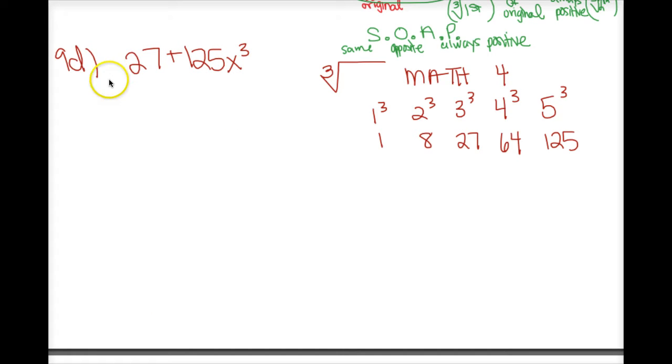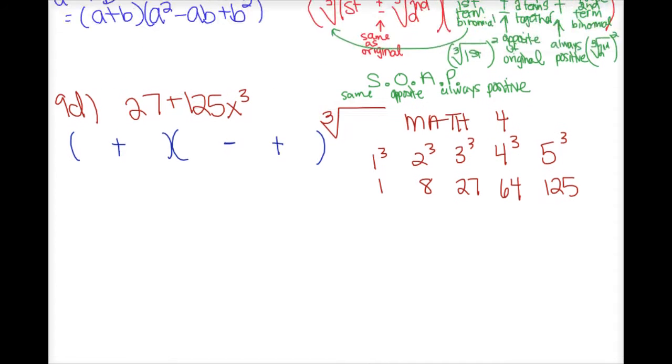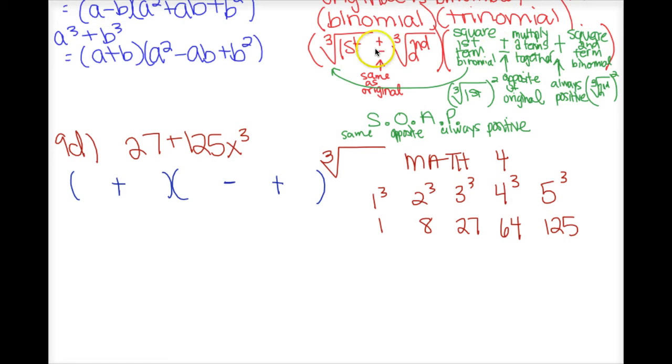Which means it is a sum of cubes. So I'm going to follow my pattern. Again, I prefer to go ahead and set up my parentheses, binomial times trinomial, and I prefer to use this acronym and do the signs first. So SOAP, same: same sign as the original, then opposite sign of the original, and then always positive. Now I'm going to use the rest of this pattern.